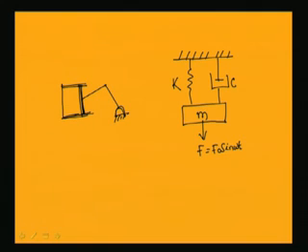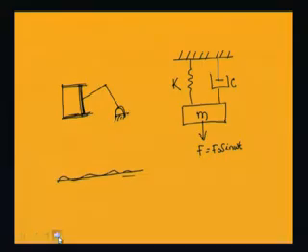Also you may consider a vehicle moving on a rough surface or on the road. So, the tire of the vehicle will be subjected to a force due to the road undulation. Also you may consider a robotic arm. This is a simple one link or two link robotic arm.